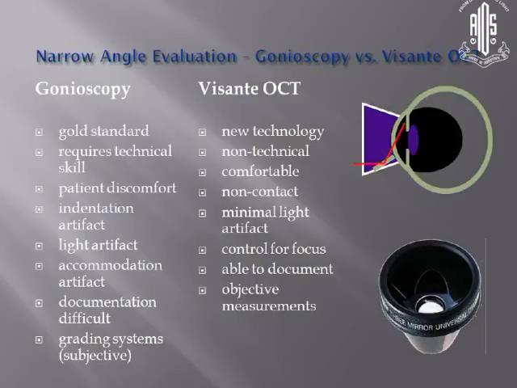You don't put any equipment or instrument over the patient's cornea. The patient is comfortable, and there is no influence of room light. So to some extent, I can say that yes, ASOCT has a superiority over gonioscopy.